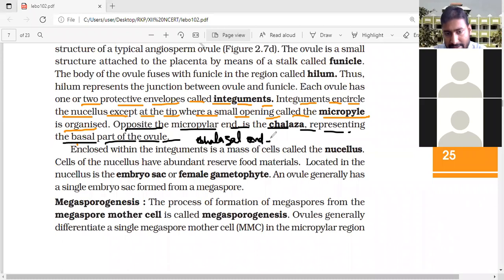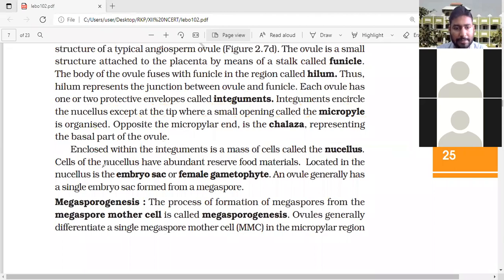Chalazal end is the basal part of the ovule. Clear? Is it clear? Micropyle, chalaza, hilum, funicle, integuments, everything is clear. Everything is okay. Shreya, okay? Yes, sir. Very good.